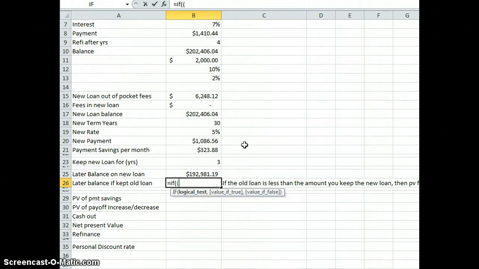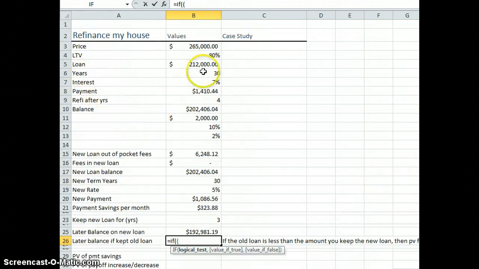So if the number of years for our first loan is less than the number of years if we keep it for the new loan, then that'll be 0.